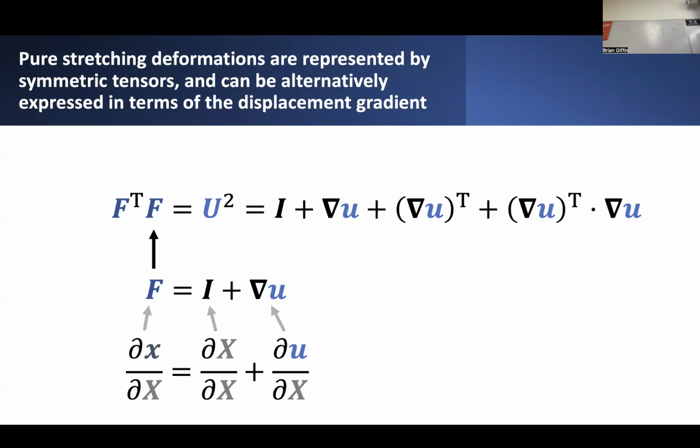F, equivalently U squared, one thing that we can do is note that the deformation gradient, nominally we constructed it in this form and described it as the partial derivative of the final deformed coordinates of the structure, their partial derivative with respect to the initial undeformed coordinates.